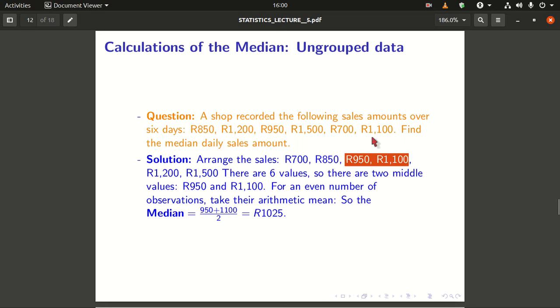Because the median is just in between these 2, so that we have 3 on this side and 3 on that side, because it divides data into 2 equal halves. So we want the value that divides. We can see that we have 2 and we have 2, but which one is it? Because the median must be 1. So what we actually do is take those 2, divide by 2, and we get the median. I hope this makes sense also.